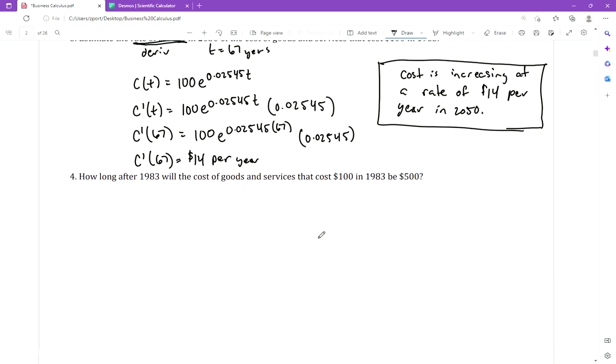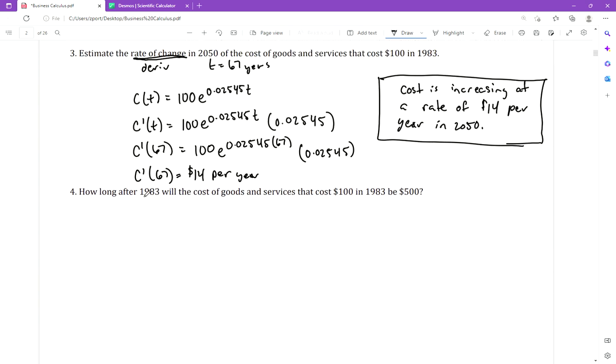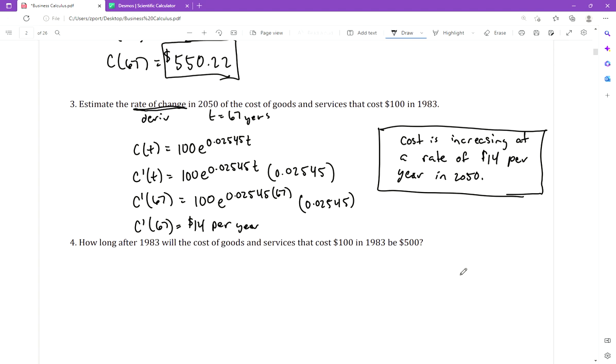Okay, so this last part, number 4, it says how long after 1983 will the cost of goods and services that cost $100 in 1983 be $500? All right, so now we've got same deal. Let's just write down our function that we had from the beginning, or after step 1, the 0.02545 t. There we go. Okay, so we've got this, and then now they're asking how long after.